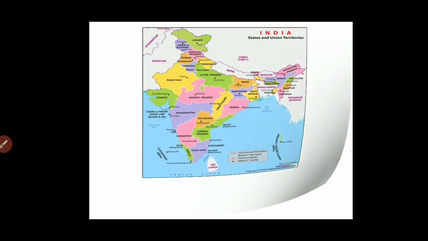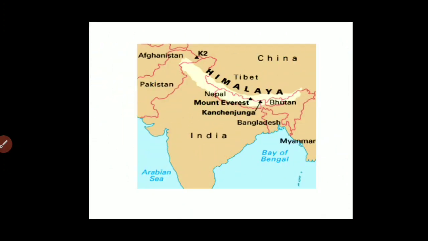Now today we will see the different features of India that are again called as geographical features of India. Our country India is gifted with variety of landscape. There are hills, there are many oceans and the rivers.